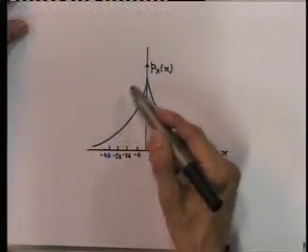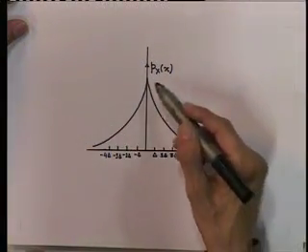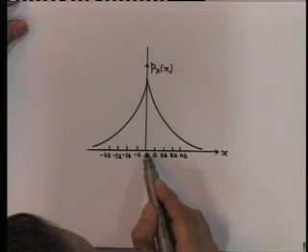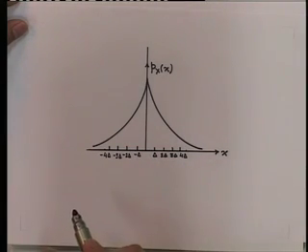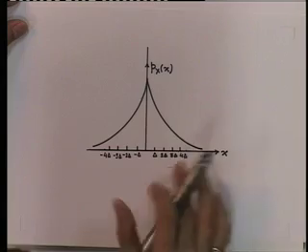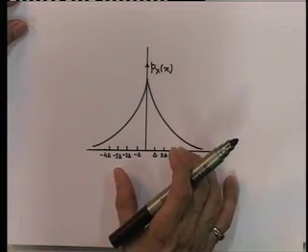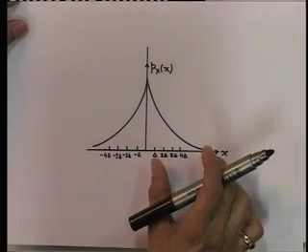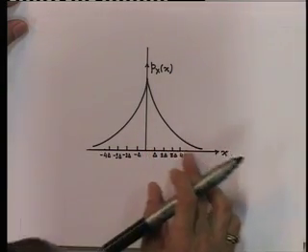So, if the source distribution is like the distribution shown here, we would have smaller intervals near the origin. So, if we wanted to keep the number of intervals constant, this would mean that we have larger intervals away from the origin.